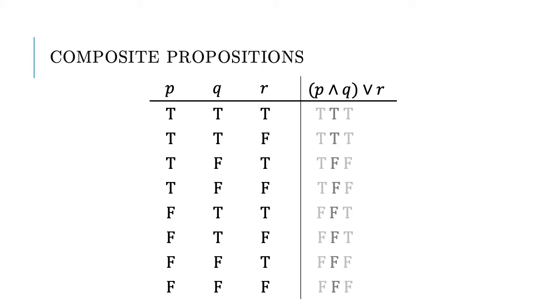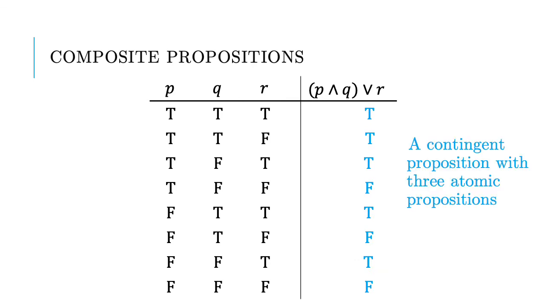Now considering the proposition R, we plug in its truth values and recognize that we have to combine that with the whole proposition P and Q under the logical expression OR, which we recall is false only when both disjuncts are false. We get the truth conditions for our contingent proposition with 3 atomic propositions as constituents.